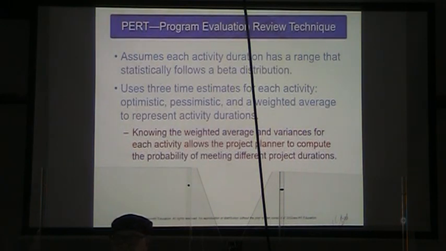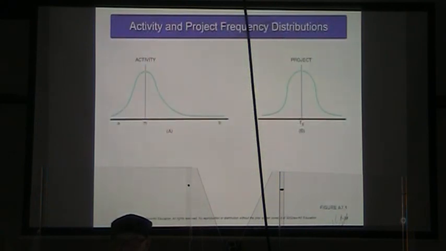Man, that slide is just a bit of a mess. All right, so any given activity has an optimistic number here, a most likely number here, and a pessimistic number here, right? Where our project we're describing as more of a straight bell curve.